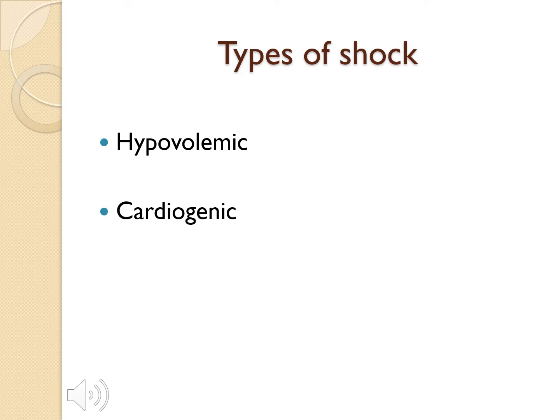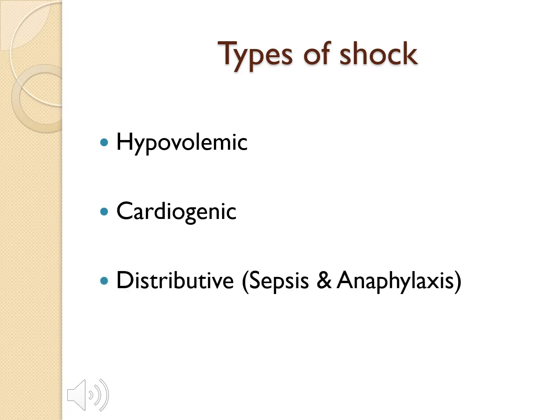Septic shock is a form of distributive shock and is a systemic inflammatory response to the presence of infection. Common causes of this could be pneumonia or a UTI. And anaphylactic shock, another form of distributive shock, is a type of severe hypersensitivity or allergic reaction and can be caused by allergies to insect bites, medicines or foods.